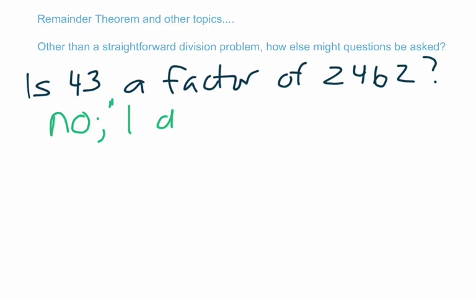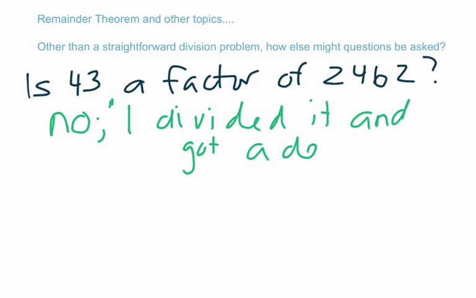I will put this in quotes because this is a student speaking. "I divided it and got a decimal." Okay, and so the way you would answer this question is dividing it.